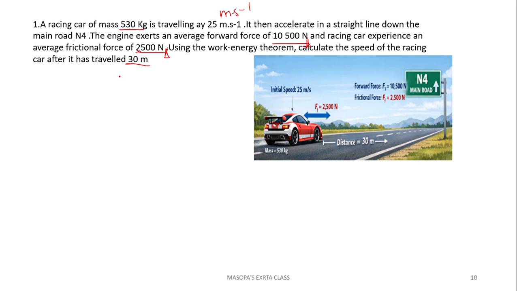So now let's quickly read it again. They said that a racing car that has a mass of 530 is traveling at 25 meters per second. So this 25 meters per second is our initial velocity. Now our question says that you must calculate the final velocity after it has traveled 30 meters of distance.